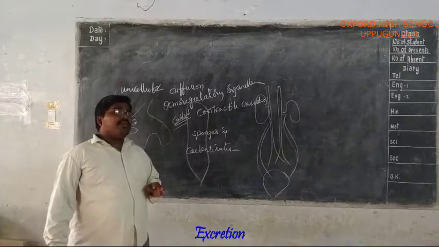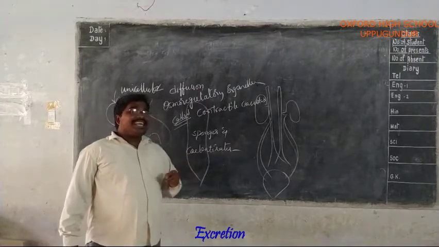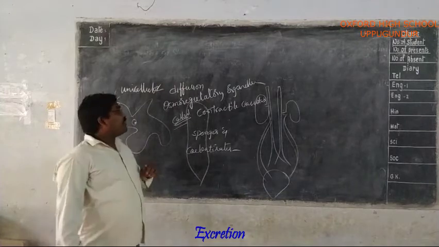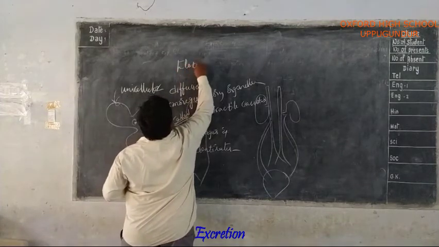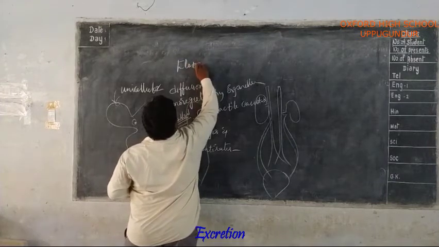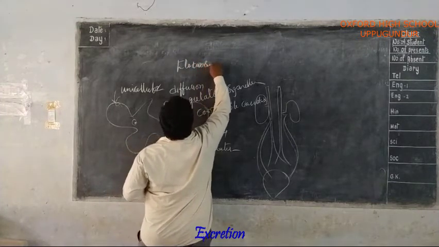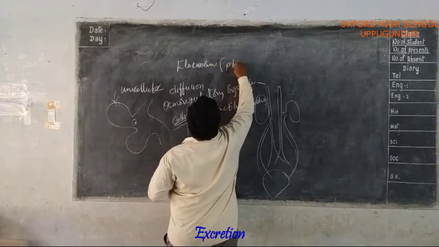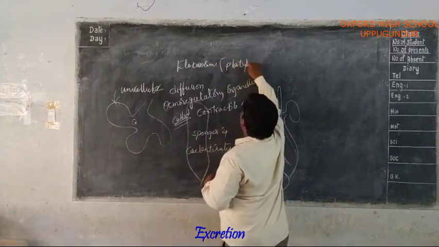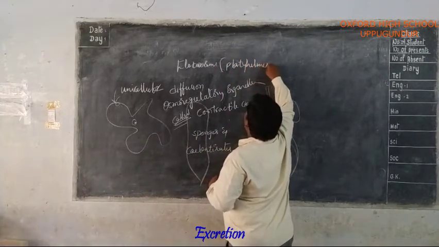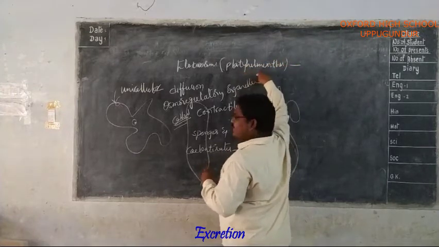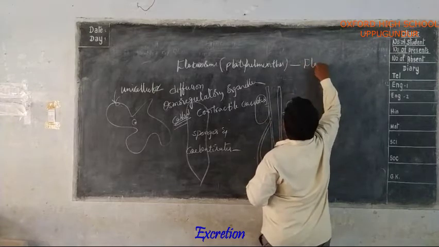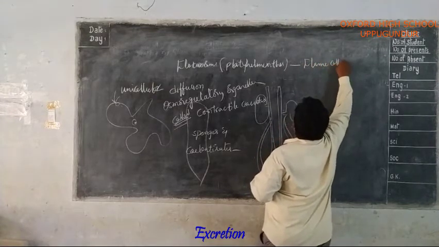The first time we can see excretory organs is in organisms like flatworms. What are those? Flatworms. The first time we can observe the excretory organs is in the flatworms, and they are known as flame cells.